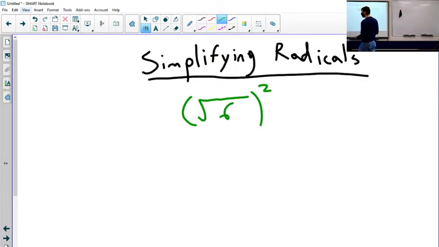So I want to make sure that you know what it is. A couple of you have got it and know what it is. A couple of you have got it, but you're making it too complicated.